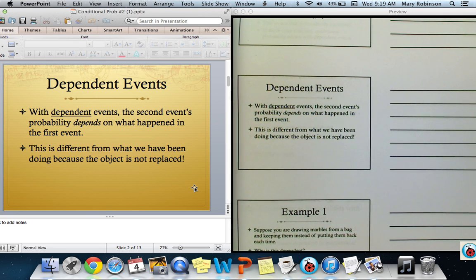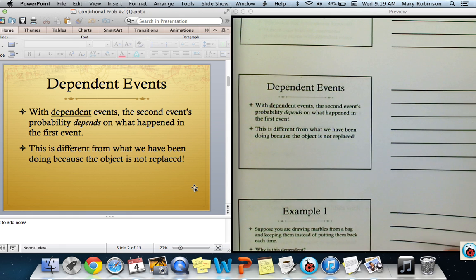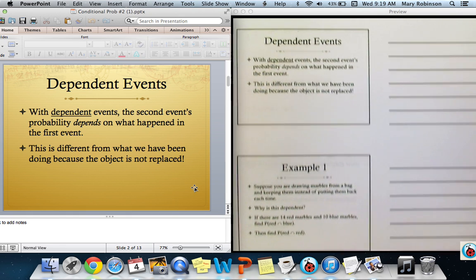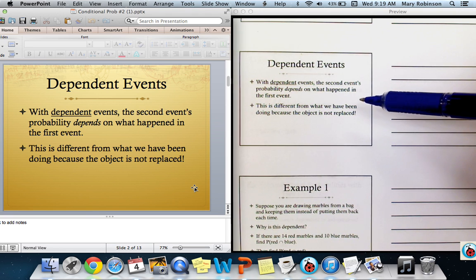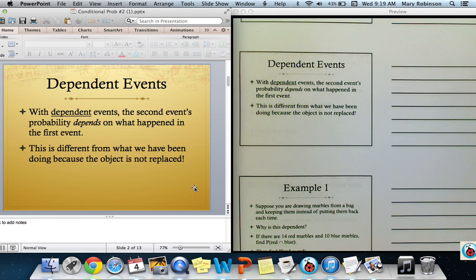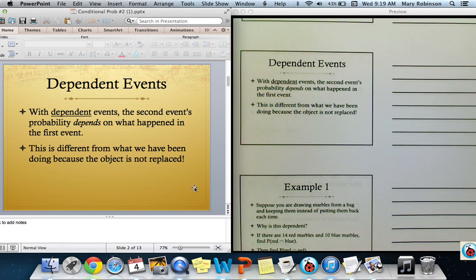Remember that with dependent events, the second event's probability depends on what happened in the first event. So this is different from what we have been doing, let's say yesterday, because the object is not being replaced. Remember, keywords to look for are things that indicate if the object is being replaced or not, to determine whether it's independent or dependent.